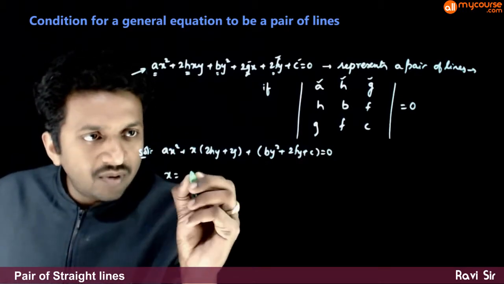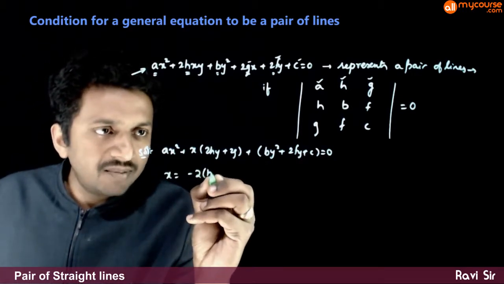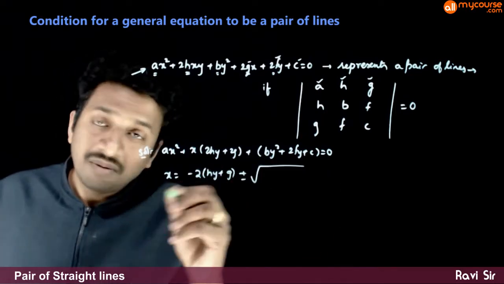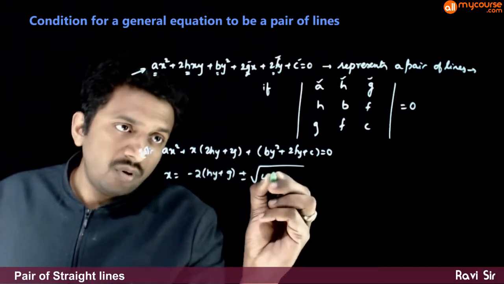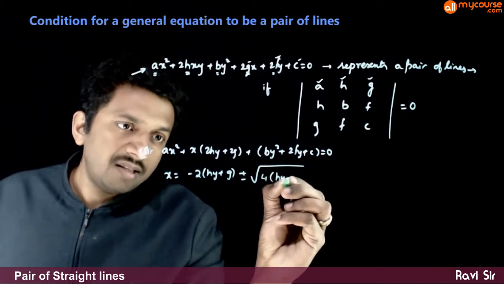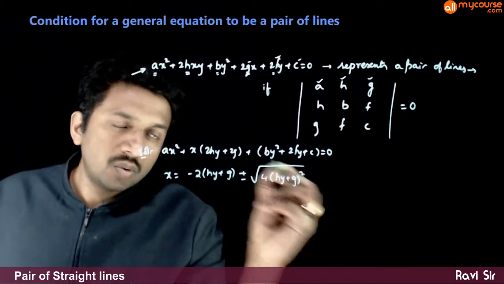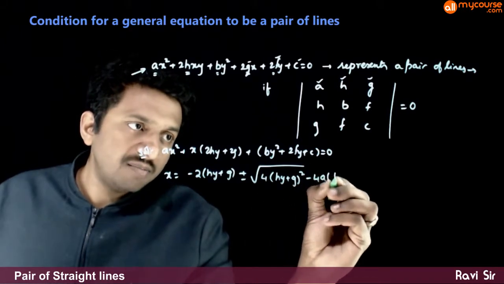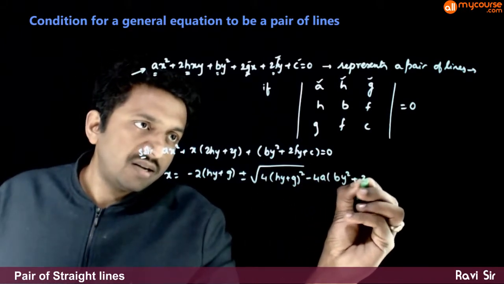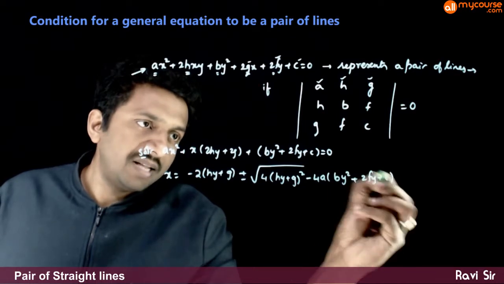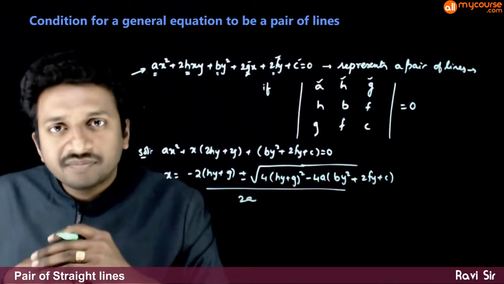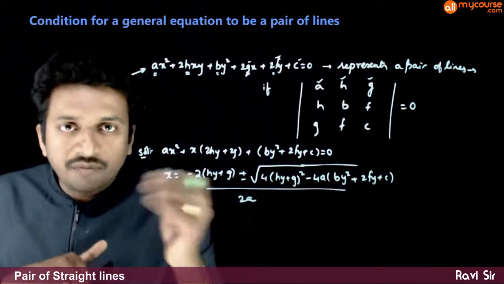So x = [-(2)(hy + g) ± √(4(hy + g)² - 4a(by² + 2fy + c))] / 2a. So this is the value of x.